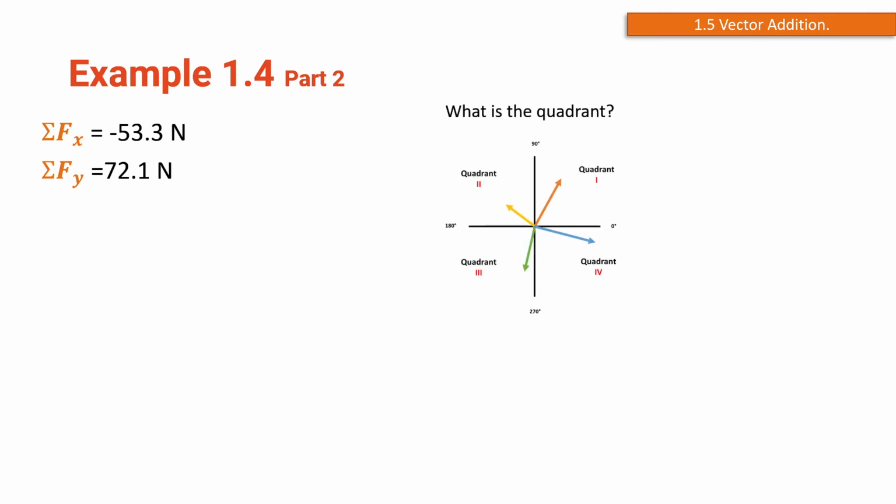But then I think that with this information you can predict or estimate the quadrant. Remember, x is positive, y is negative. So in what quadrant is this resultant vector? Pause the video here and try to answer.